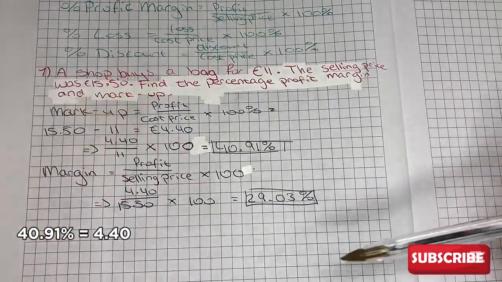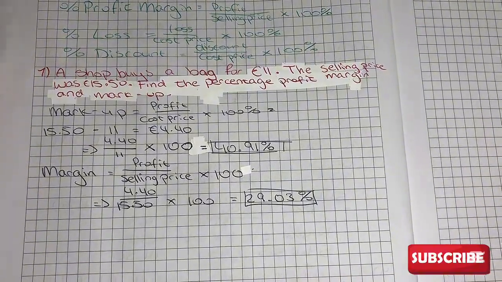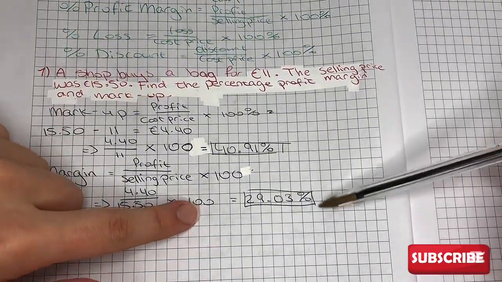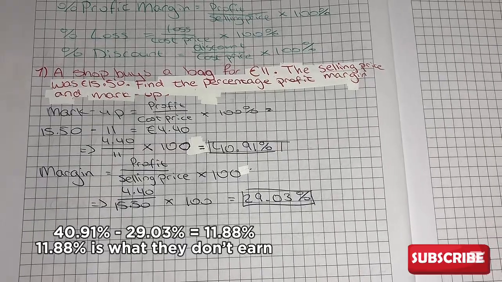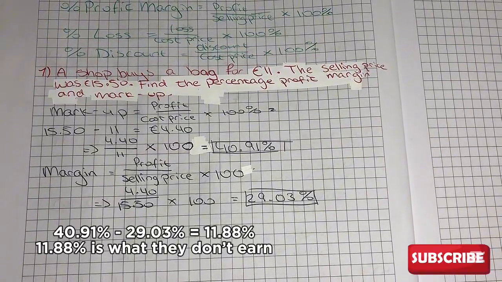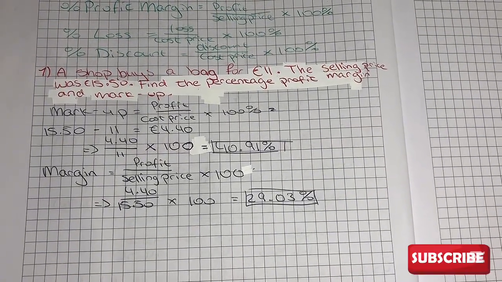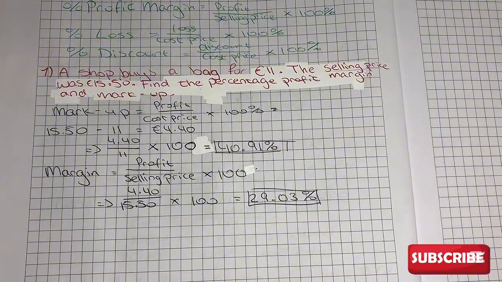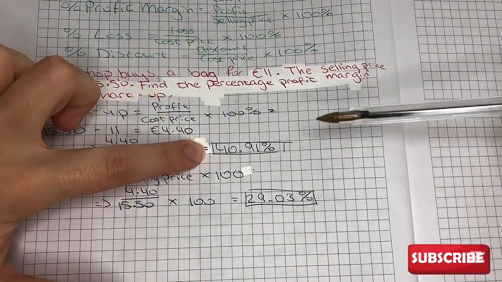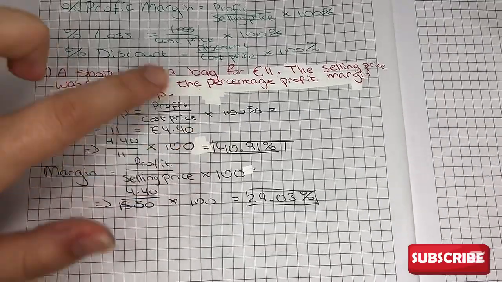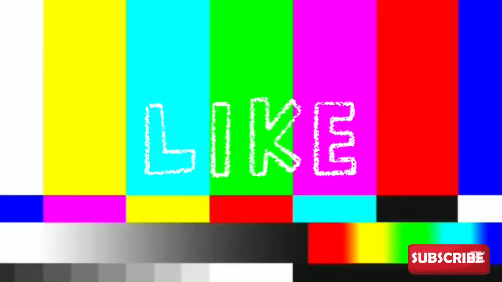They don't earn the 40.91%. They only earn 29.03%. That is the actual profit and how much they made from what the customer paid. And this is also why markup will always be bigger than margin for the same profit.